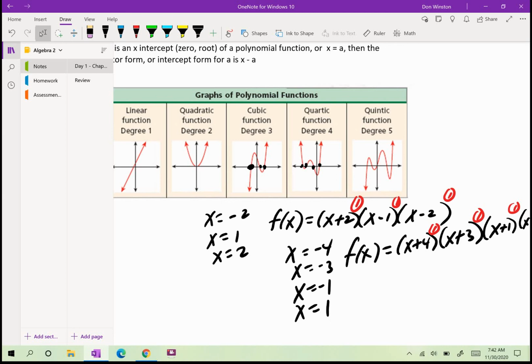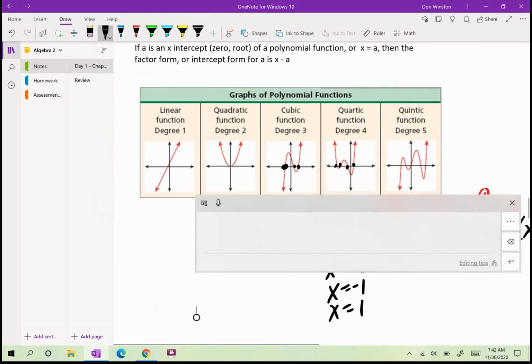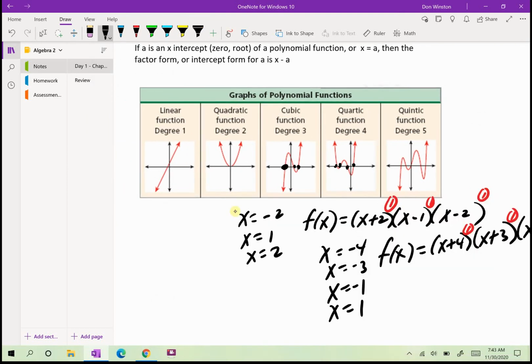Oh, I want you to notice something here too. We say that every polynomial of degree n has at most n minus 1 bends in the curve.